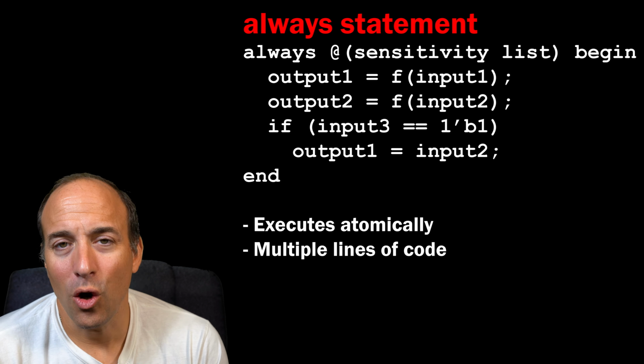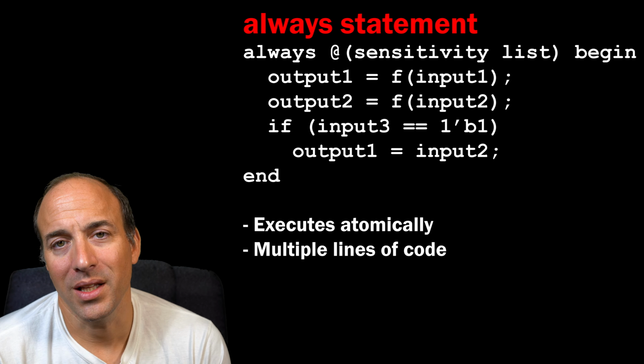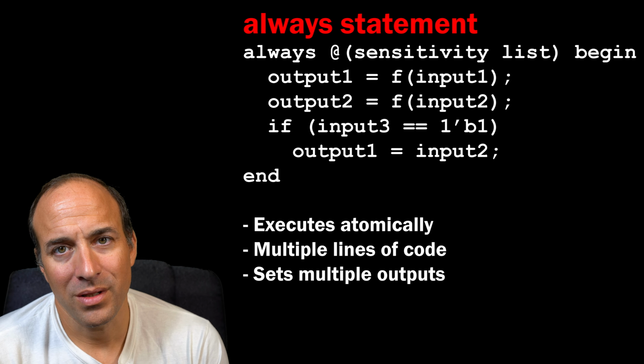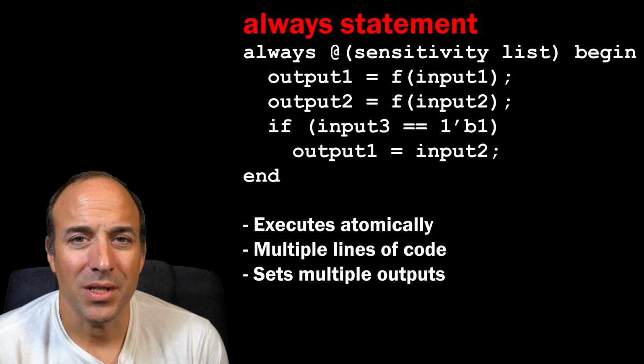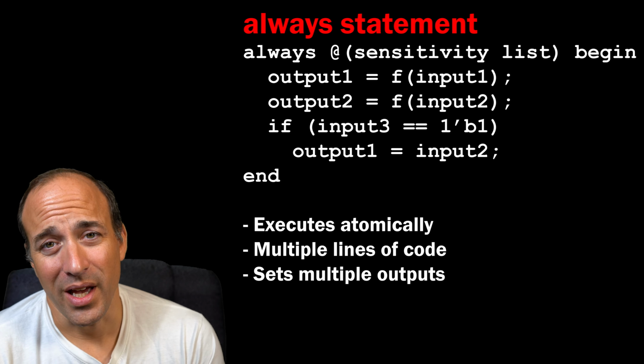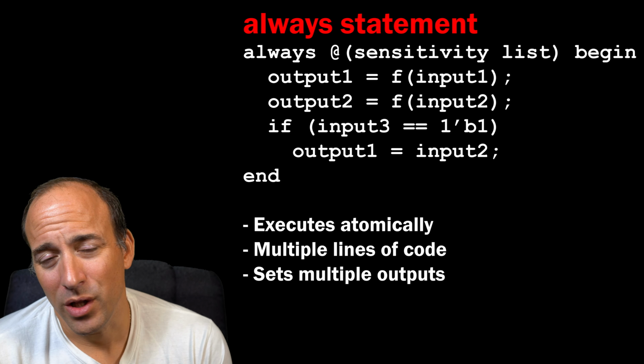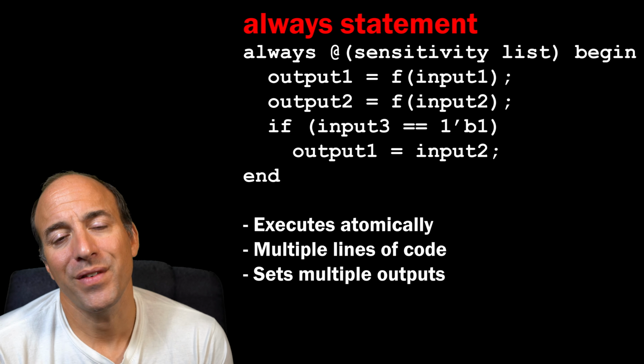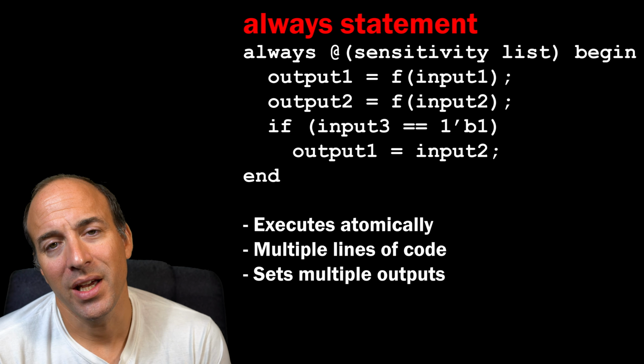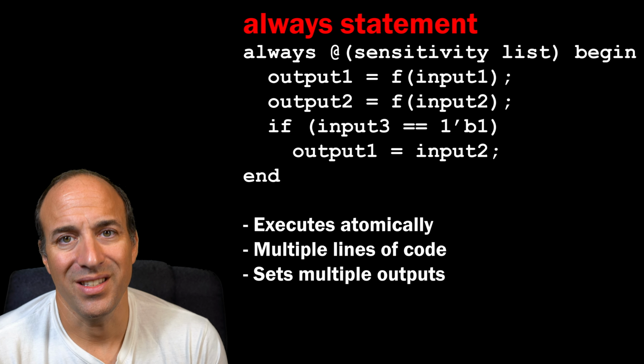The second is that an always statement can conveniently set multiple outputs. Now, a continuous assignment statement can technically set multiple outputs by using a curly brace concatenation operator on the left-hand side of the assign statement, but in general, assign statements are used to assign just one output at a time. An always statement, on the other hand, can set multiple outputs very easily.